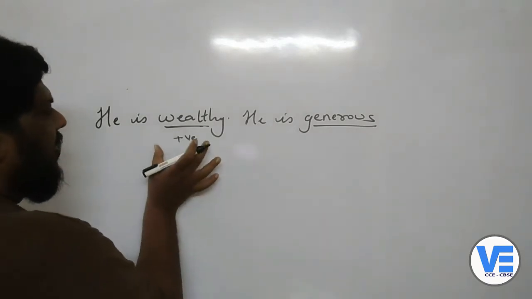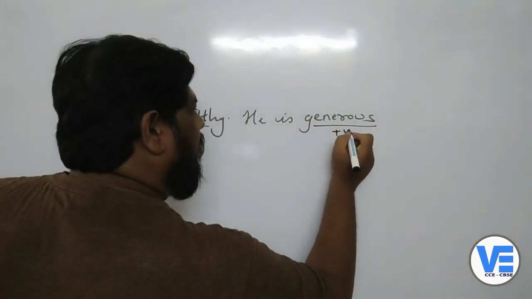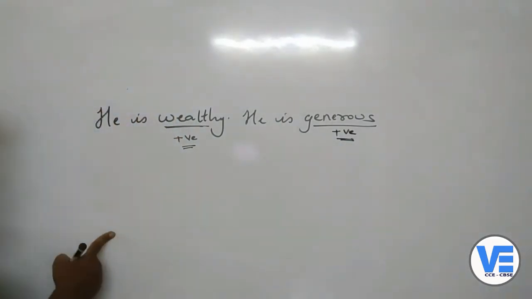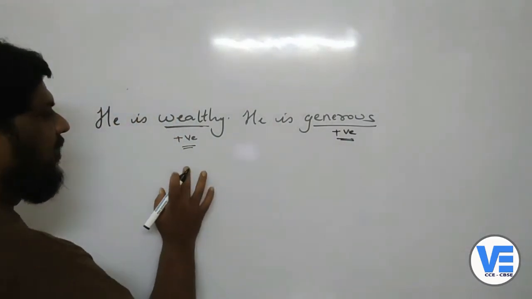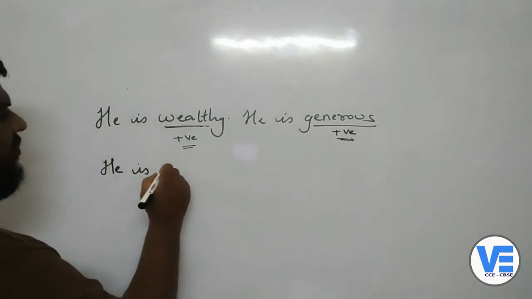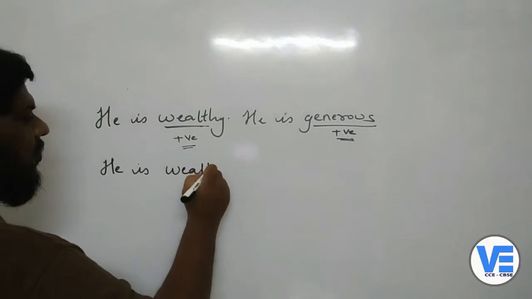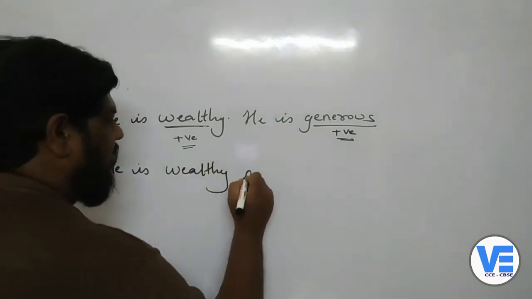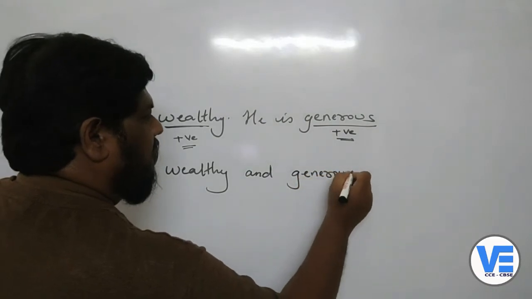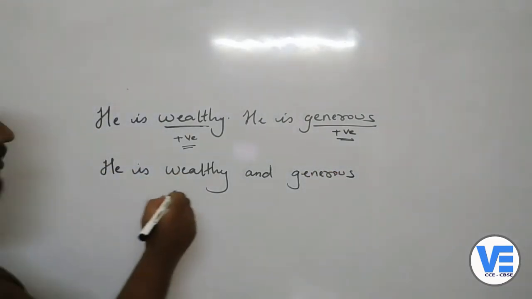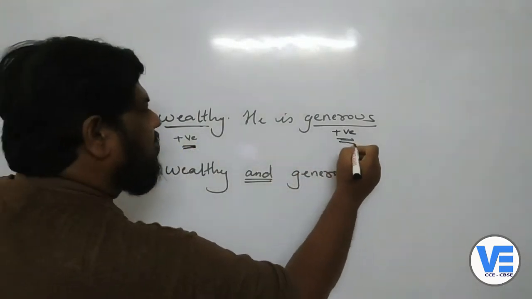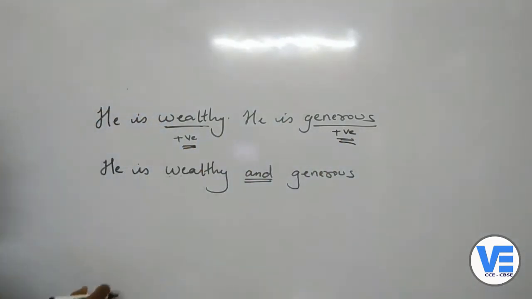So that's why this is also a positive quality. Whenever there are two positive qualities, what we'll do here is we'll use the conjunction: he is wealthy and generous. So here, "and" we are using when there are two positive signs in a sentence.